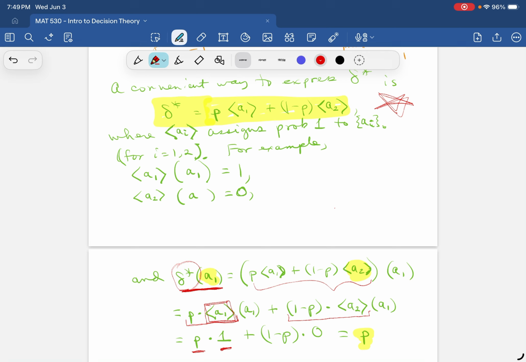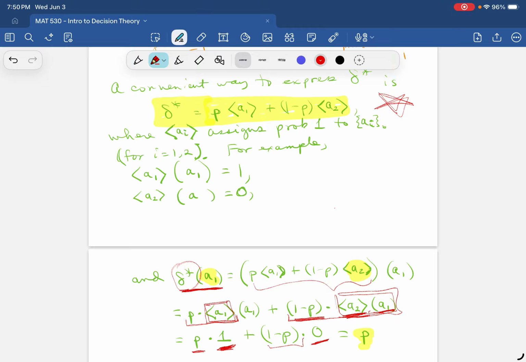And then over here, this part is going to multiply 1 minus p times, and now let's focus on this part. Well, angle bracket a2 chooses action a2 with probability 1, and chooses action a1 with probability 0. So since we're evaluating this at a1, we're going to get a 0 for that part.